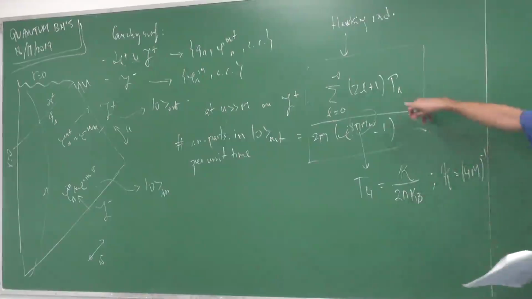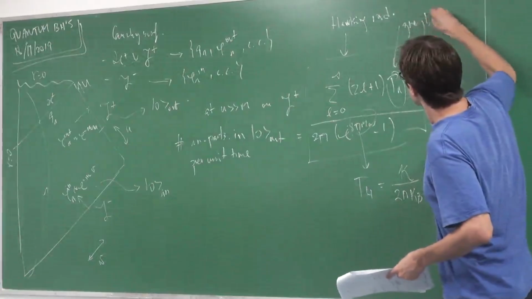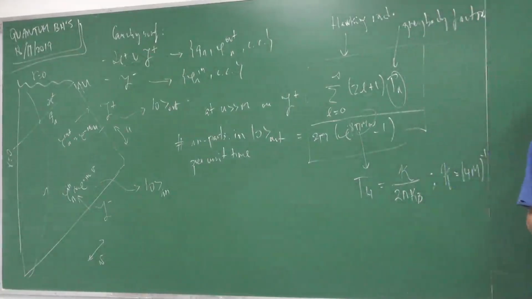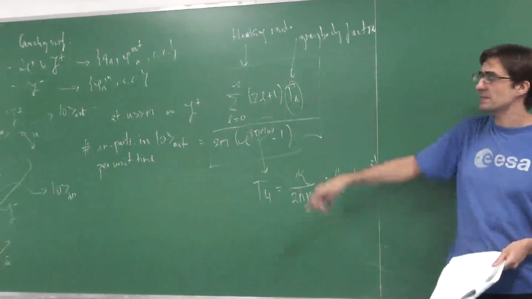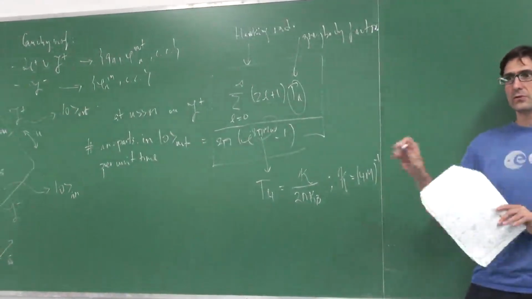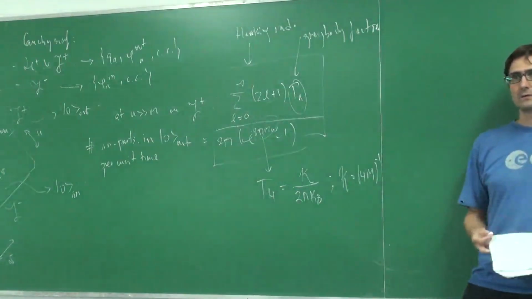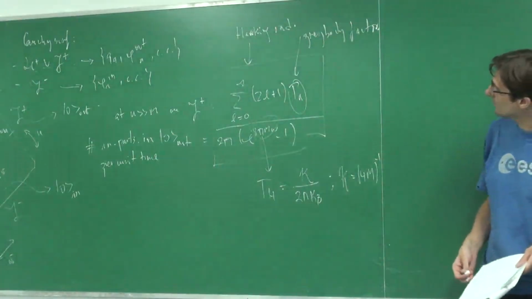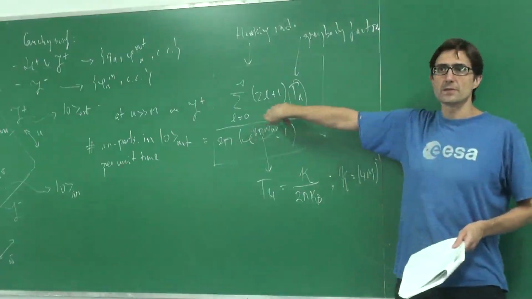And this gamma is the gray body factor. So it's not quite black body radiation, which is the reason it's called the gray body factor. It depends on the frequency, so it distorts you a little bit away from a pure black body spectrum. It is also such that this infinite sum converges.